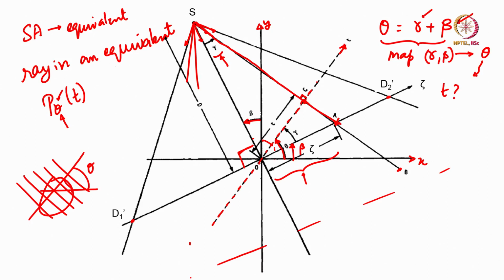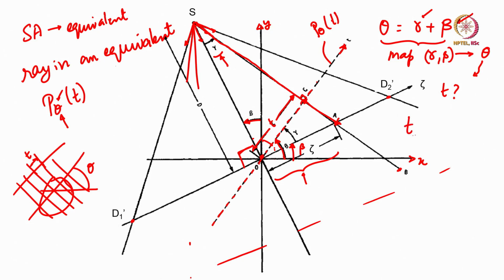You can get that by doing somewhat simple trigonometry, which is basically looking at this angle. So, this is now t, because this is your hypothetical p theta of t plane, the line. So, this is t from the origin till the point at which it intersects the plane, just like we had here, this was t for this ray. So, now for this ray S A, this is t. So, you need to know what t is, and how do you do that?